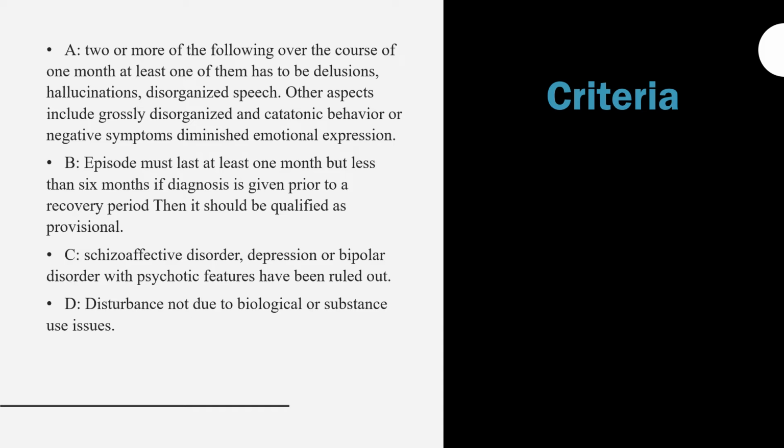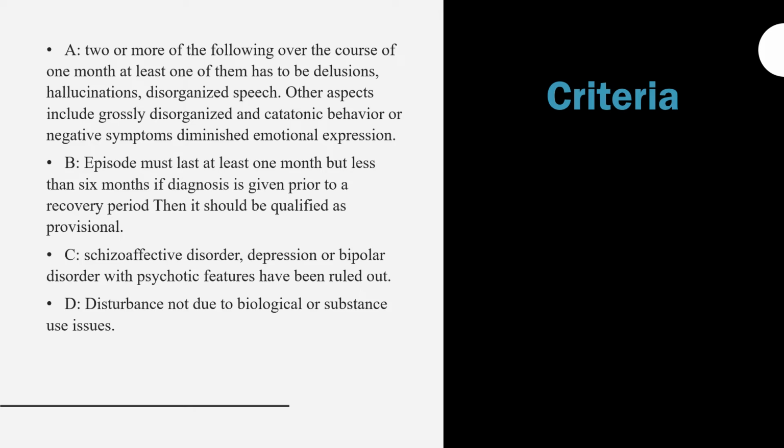And if there's a diagnosis given, the recovery period is very important. If there's an initial diagnosis, it would be provisional in this category. We're not going to see too many of these stick unless nothing ever happens again. And then they may have a choice to make between whether it is a brief psychotic disorder, or whether we actually got into schizophrenia.